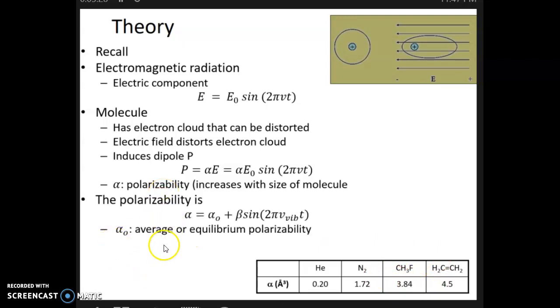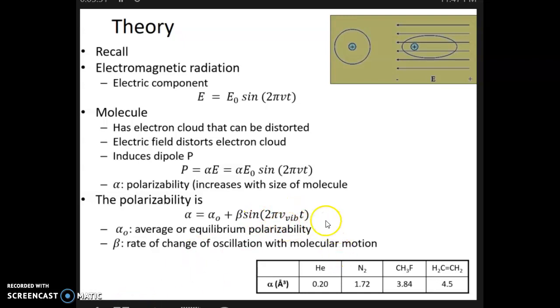So for the molecule itself, whenever it's vibrating or rotating, the polarizability can be given by alpha equals alpha naught, where alpha naught is the average or equilibrium polarizability, plus beta sine 2 pi v vib t.